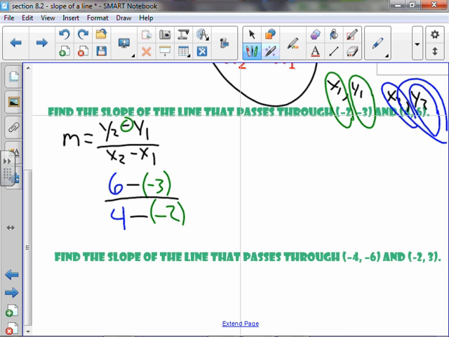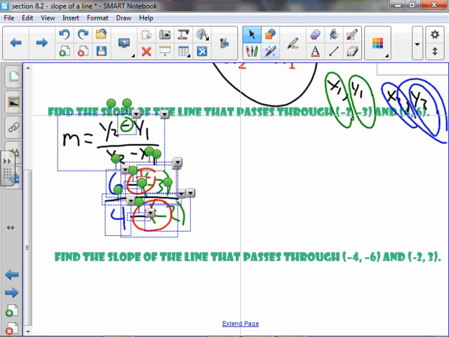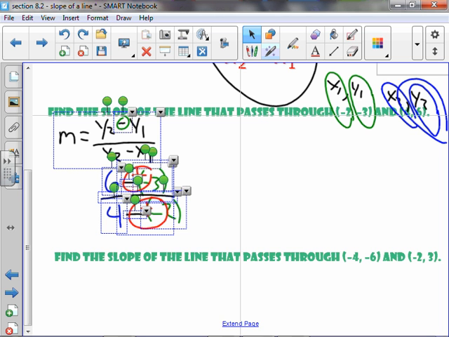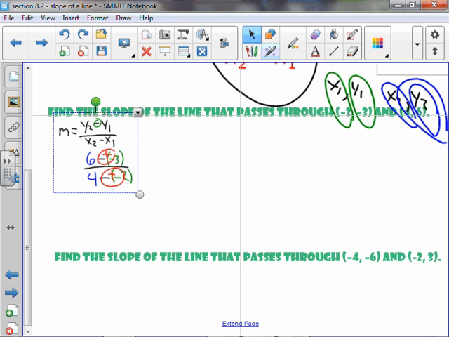And then I need to remember that when I am subtracting a negative, that's basically the same thing as adding. Same thing over here. When I'm subtracting a negative, it's basically the same thing as adding. So I'm going to rewrite this. Well, first I'm going to shrink it down and give myself some more room. I'm going to rewrite this now. I get 6 plus 3, which is 9, over 4 plus 2, which is 6.